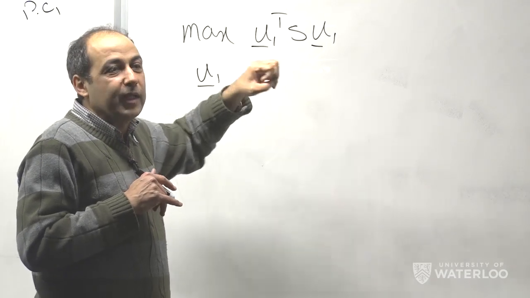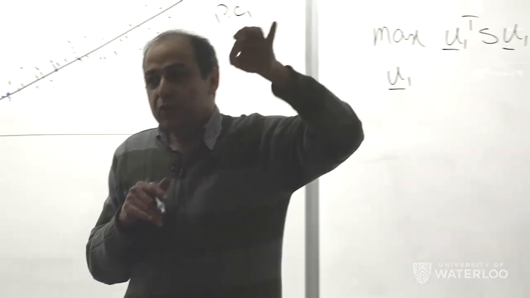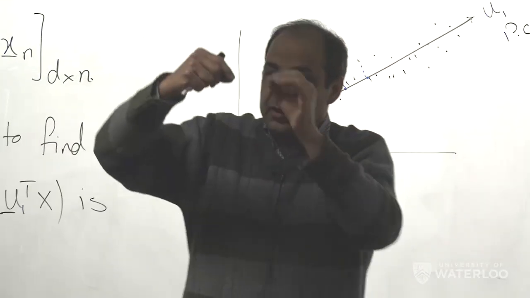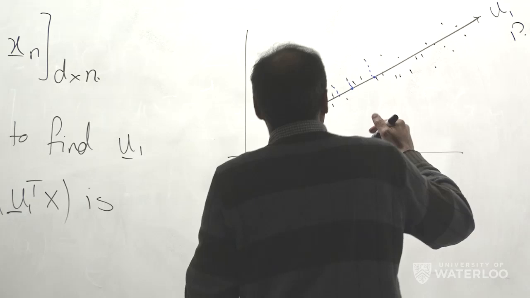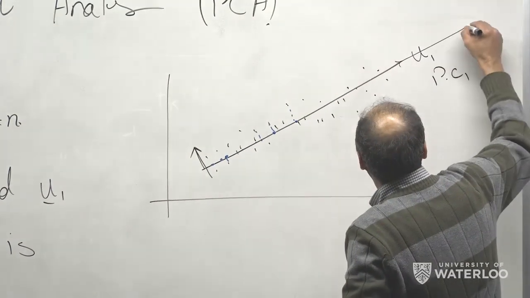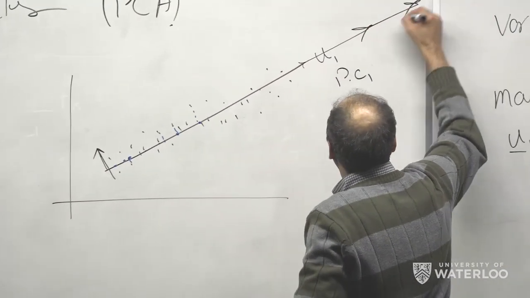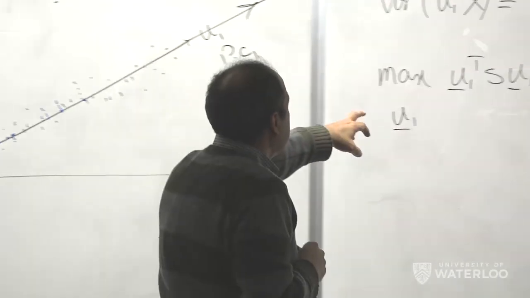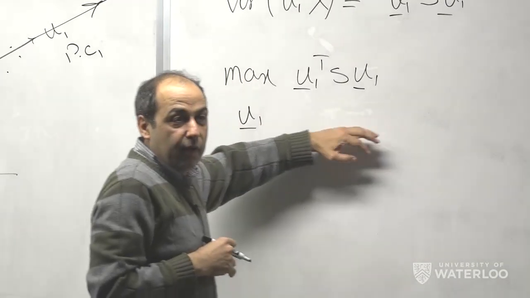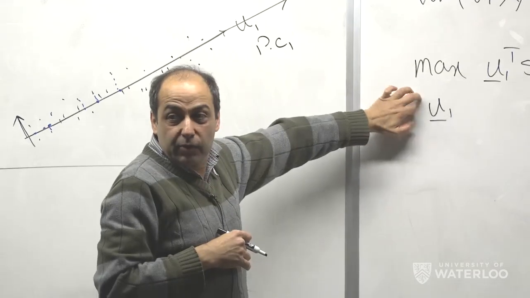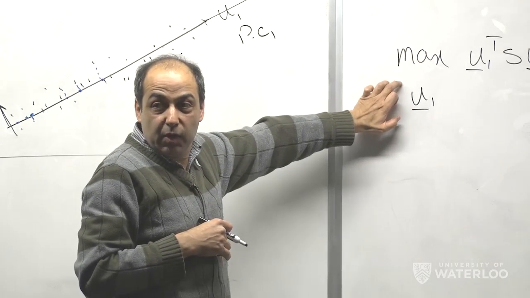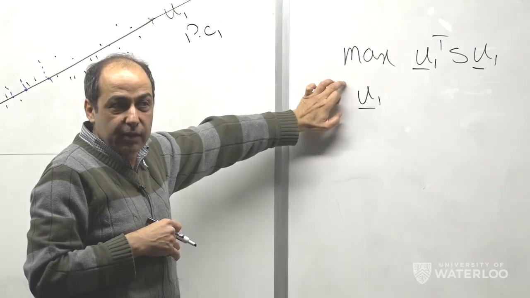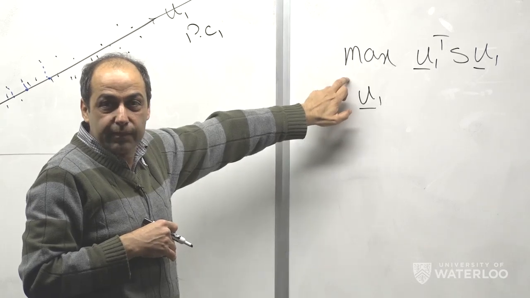No matter which solution you give me, I can multiply this vector by a constant, and this vector is going to be larger and larger and make this quantity more and more. So basically, there is no upper bound to this function. You cannot maximize it. So it's an ill-defined problem.